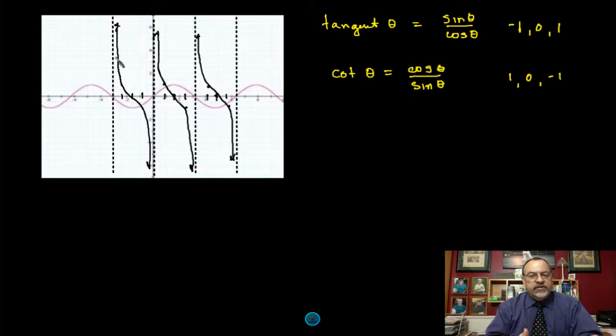We have asymptotes, excuse me, where the sine value is 0, rather than the cosine, because of the reciprocal function. All right, so that's the cotangent function. And like always, all the reflections and everything still apply, and the period of the cotangent matches the period of the tangent. They both have a period of pi.